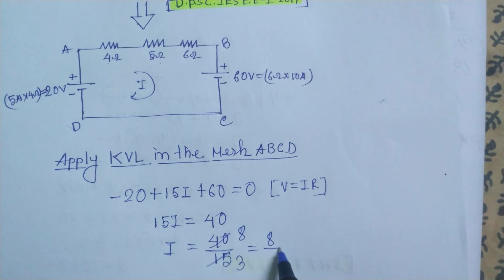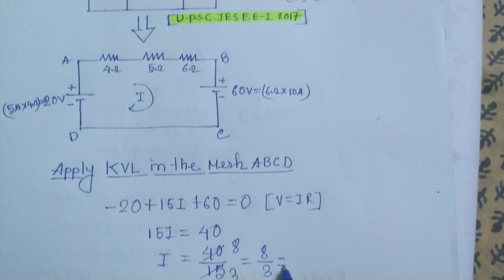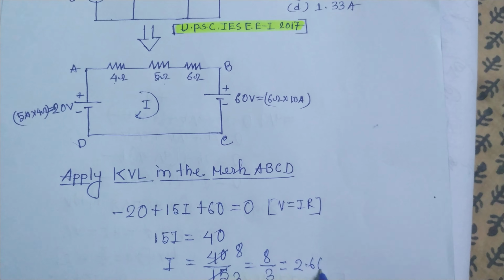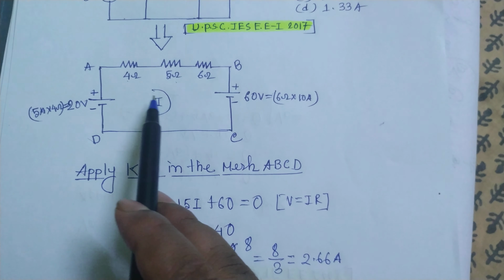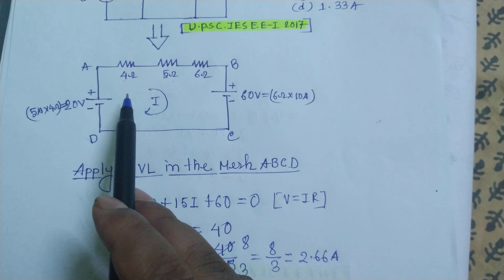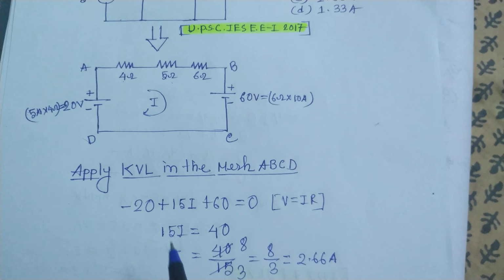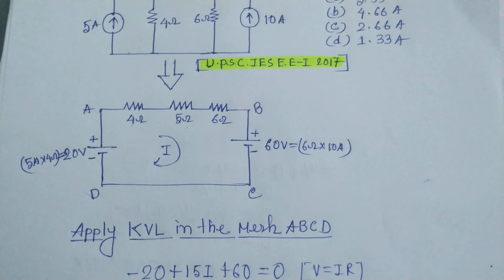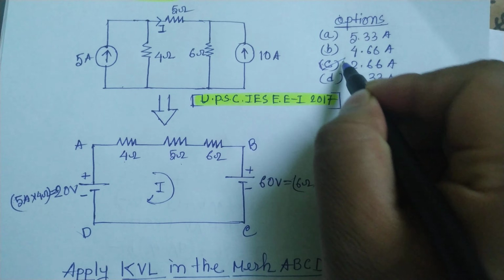So 8 by 3, which equals 2.66 ampere. So the value of the current I which goes through the 5 ohm resistance is 2.66 ampere. So the correct option is C.